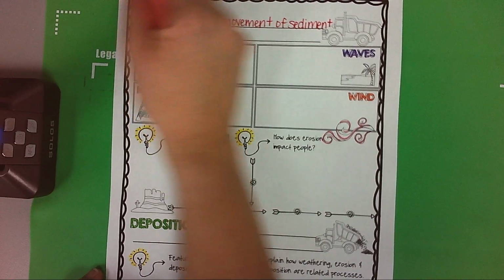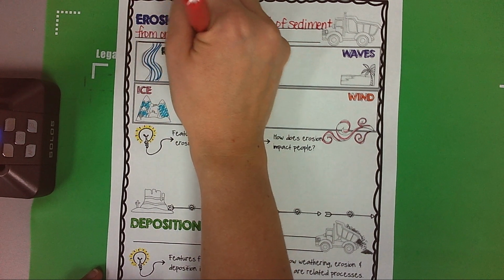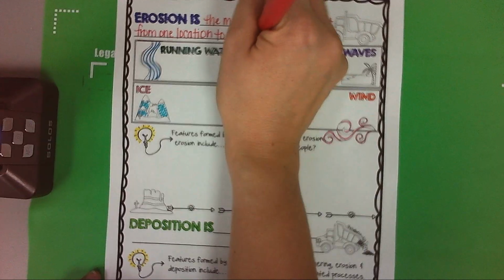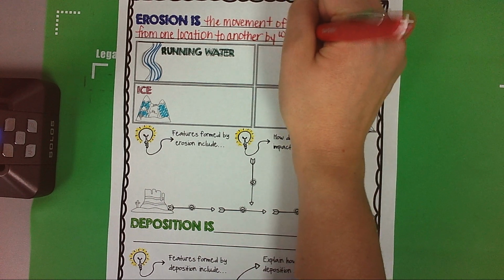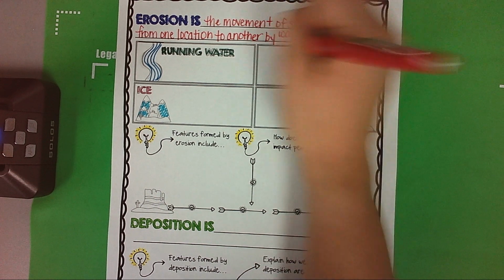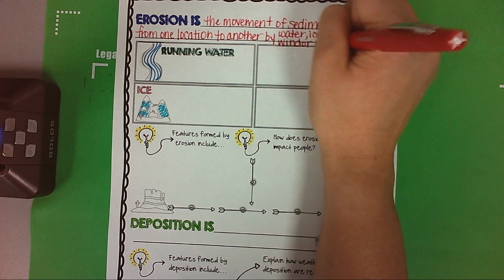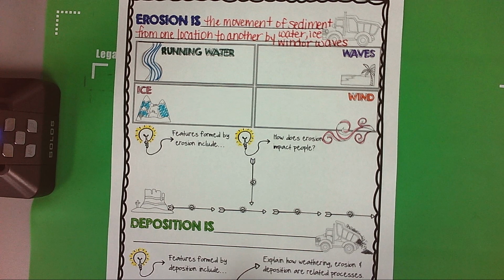It moves things from one location to another by water, ice, wind, or waves. Okay, so erosion is the movement of sediment from one location to another by water, ice, wind, or waves.